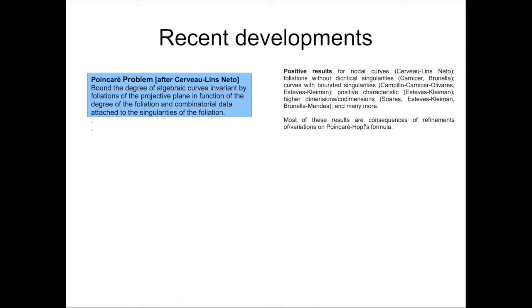So we have bounds in positive characteristic, higher dimensions, higher codimension, and many more. But in all these results, either you are assuming that the singularities of your curve are not that bad, or you are assuming that the singularities of the foliation are not that bad. But it's unreasonable.